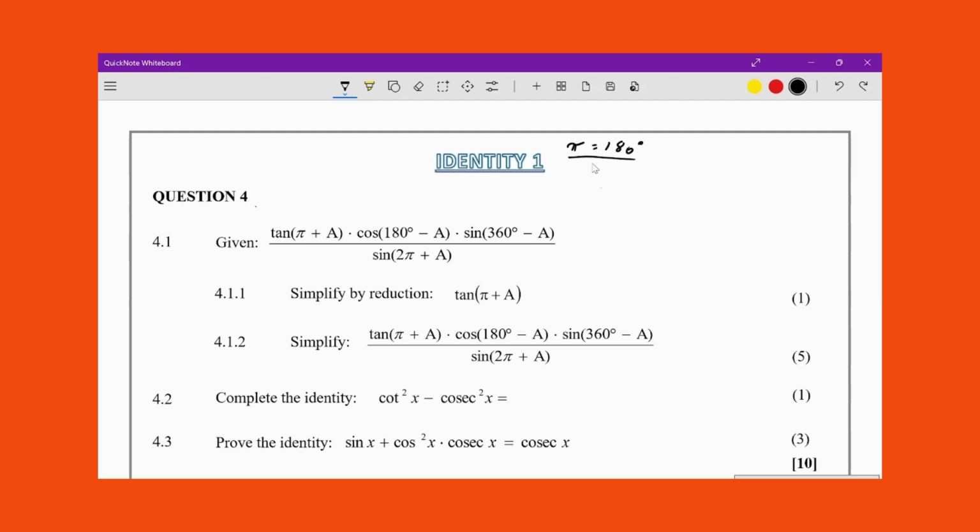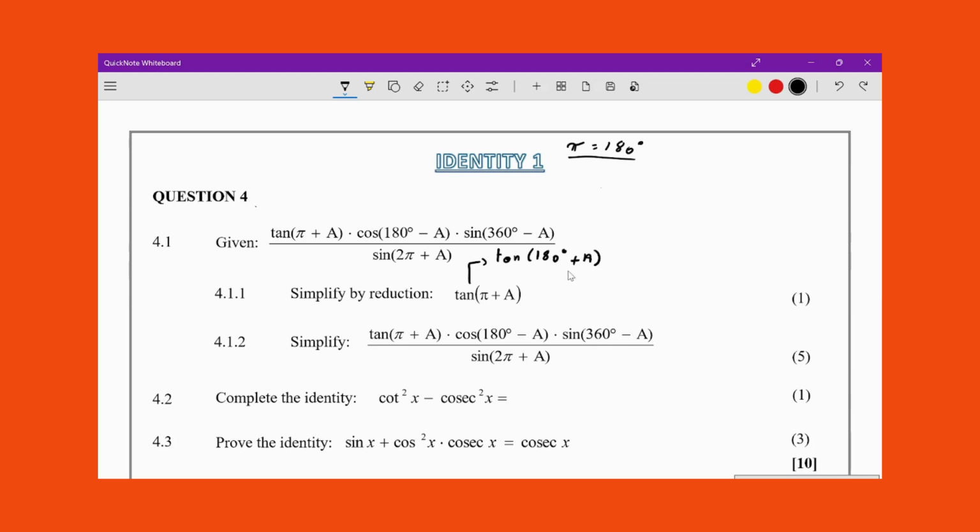Wherever you see pi, just substitute by 180 degrees. So the tangent of pi plus a is the same as the tangent of 180 degrees plus a.